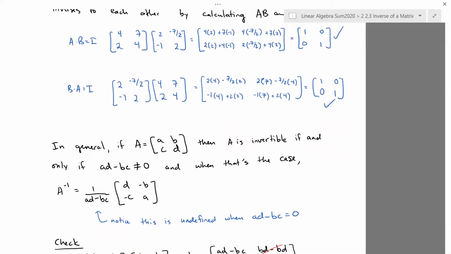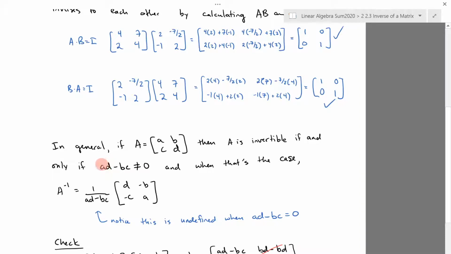So in general, if you have a 2 by 2 matrix, I call the entries A, B, C, and D. First of all, the matrix is invertible exactly when AD minus BC is not equal to 0, kind of like when you can't divide by 0.